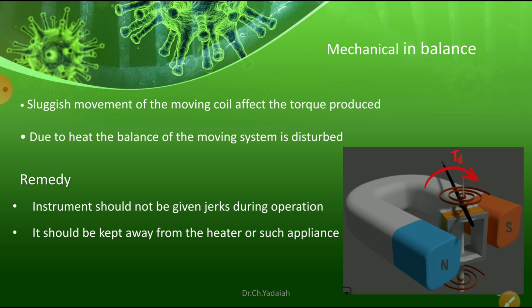Now, next, these are a few errors in an instrument, and as you know, observational error. While seeing the readings, because the scale is uniform there is no problem, but a parallax error may take place, parallax error.